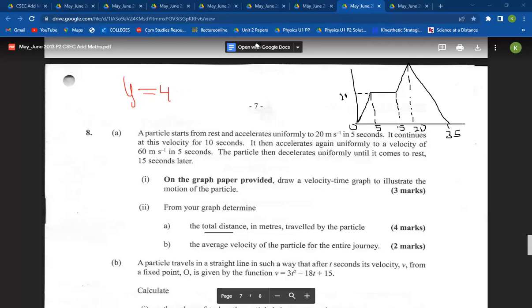I mean, the value of x is t. y is equal to 4t. y is really v in this case. v is equal to 4t. So to find s, you said the integral of v with respect to time. So the integral of 4t dt, and you got 2t squared.